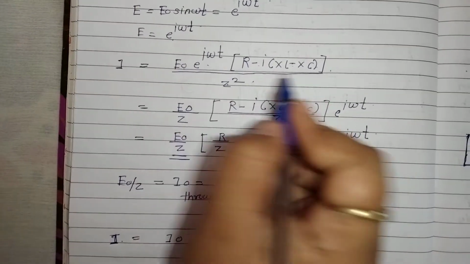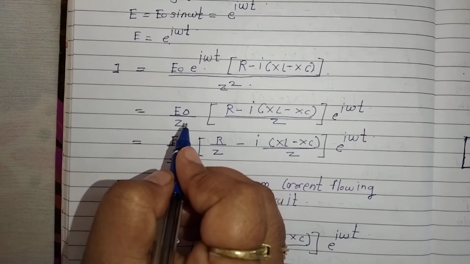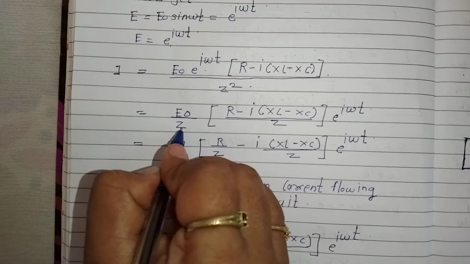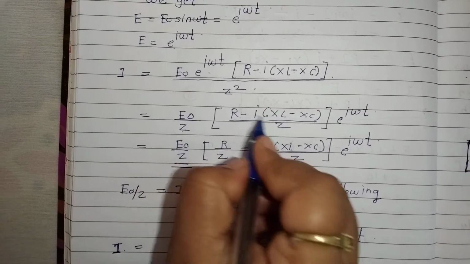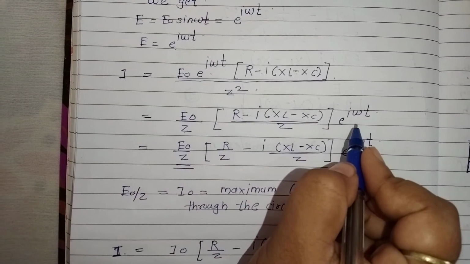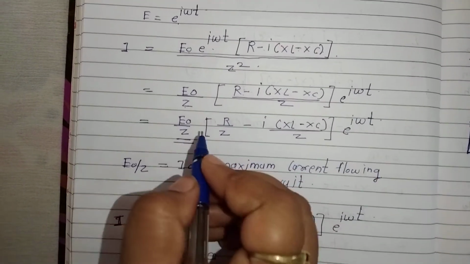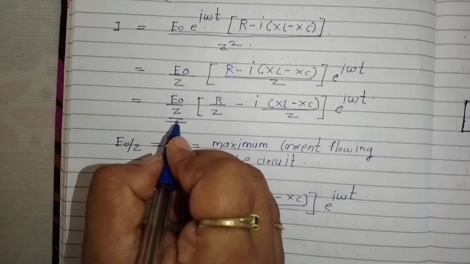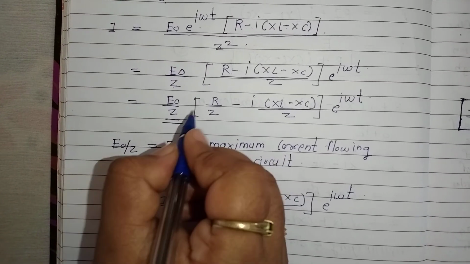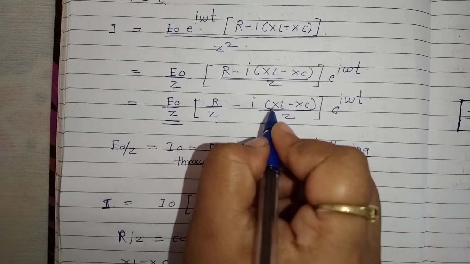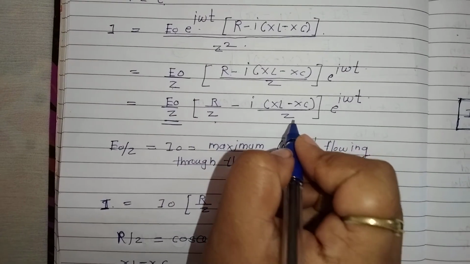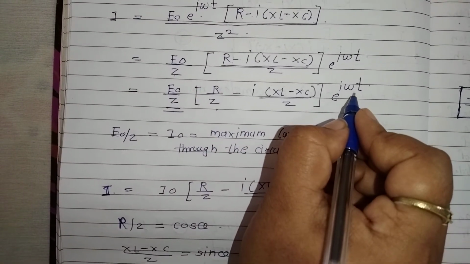For convenience, we take Z outside: E0 by Z into R by Z minus i(XL minus XC) by Z into e raised to i omega t.